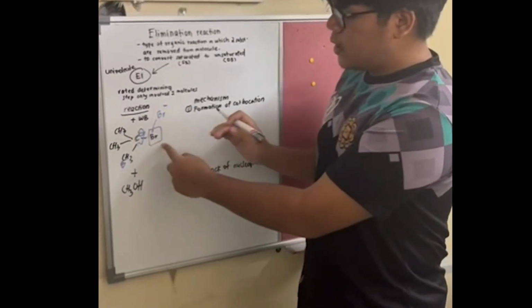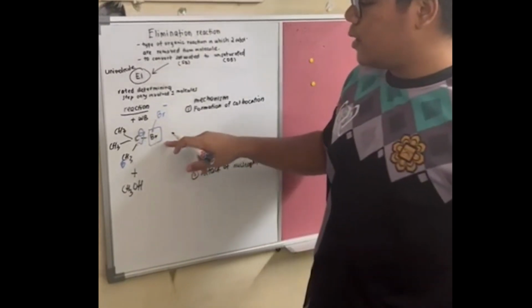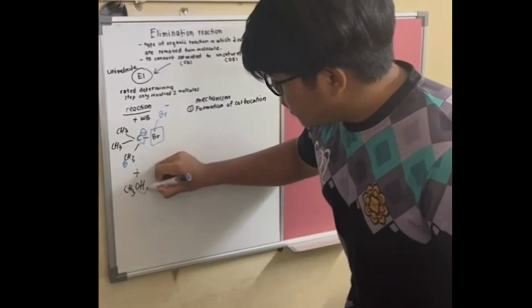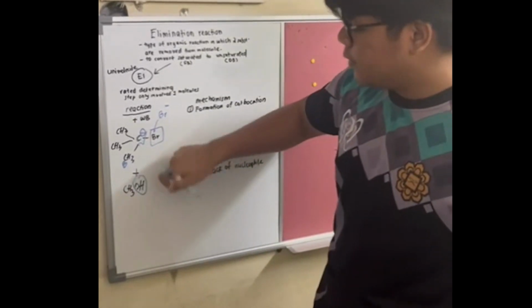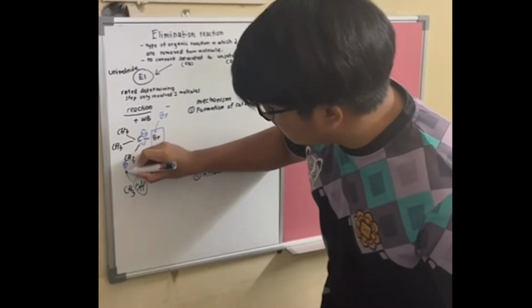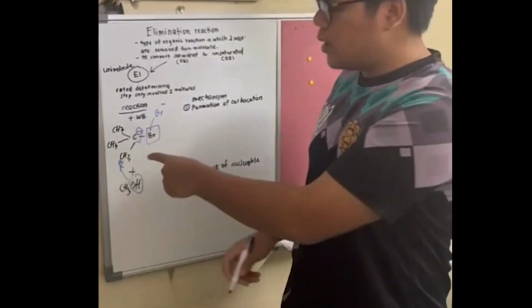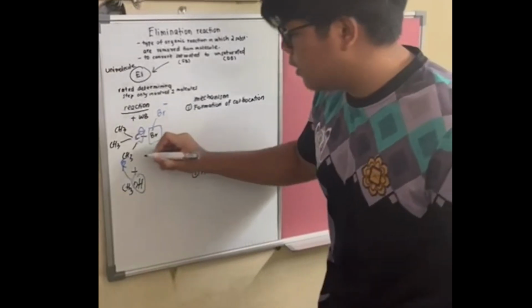Then when we have eliminated the bromine, we go to our methanol. Our OH here will react with this beta carbon, to remove one of the hydrogens in the beta carbon.